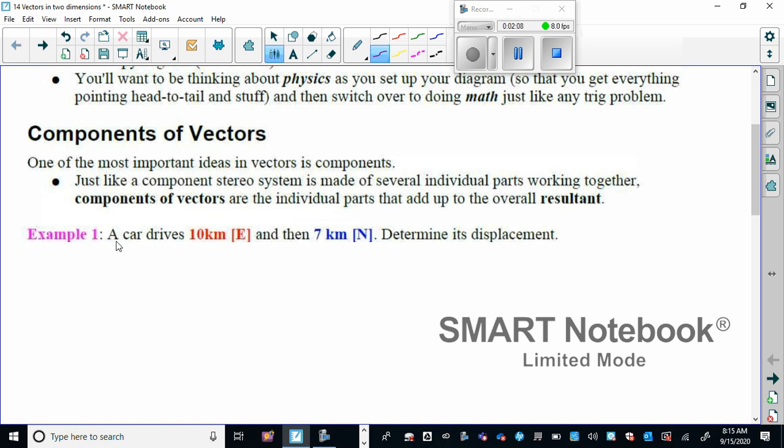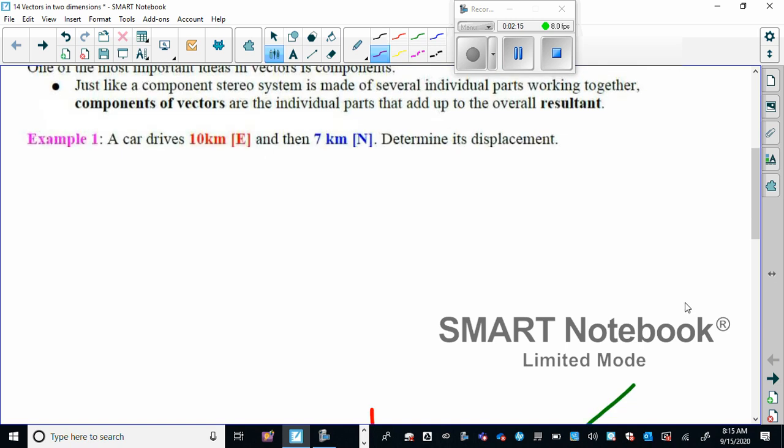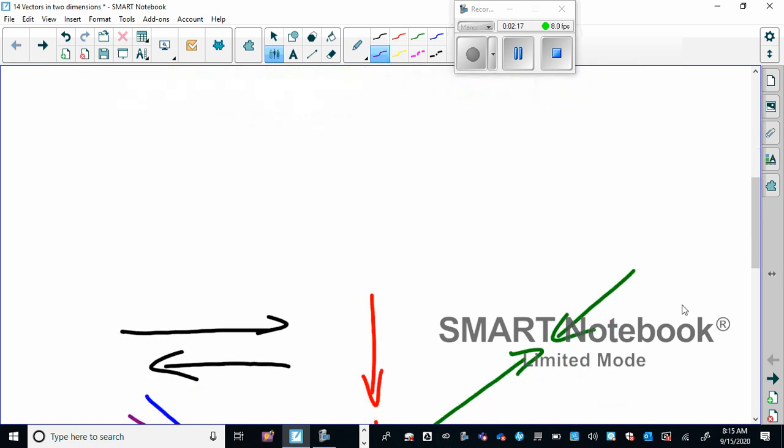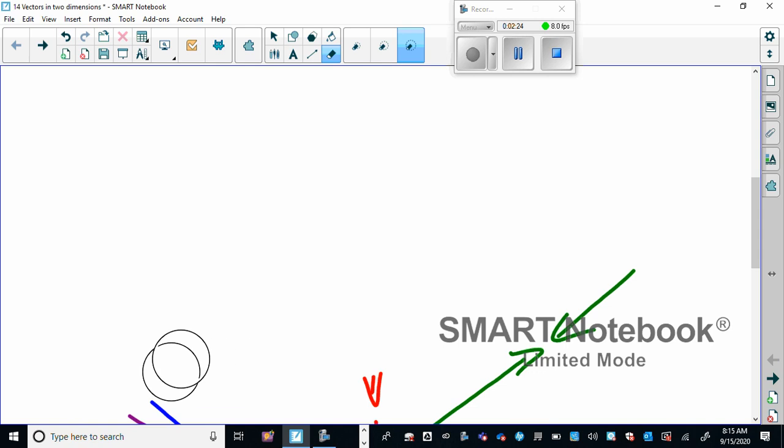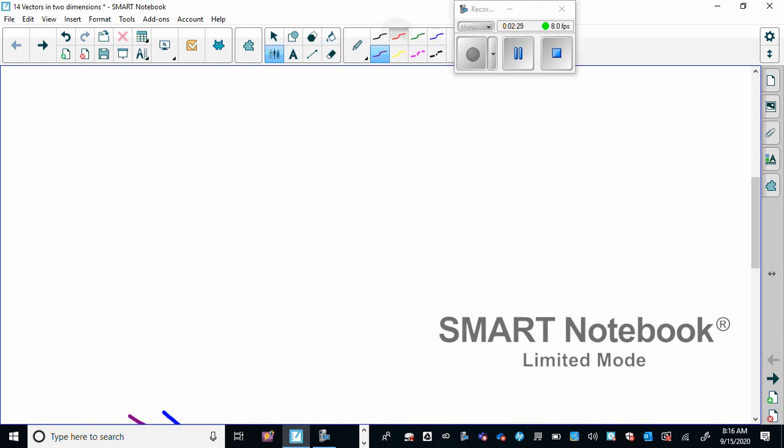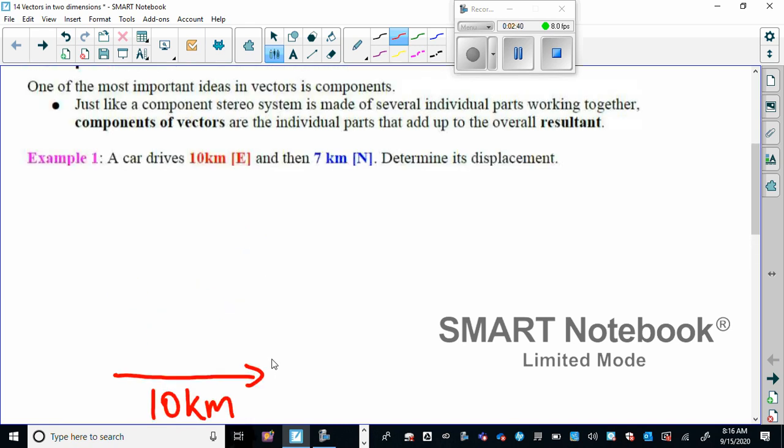This time, you've got a car that drives 10 kilometers east and then 7 kilometers north. Determine its displacement. Okay, so here we go, 10 kilometers east, and 7 kilometers north.